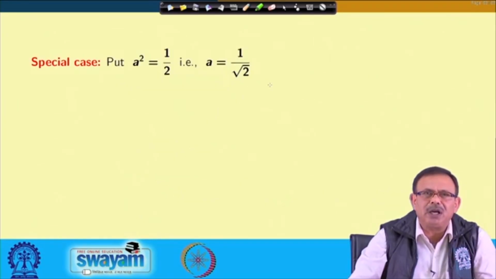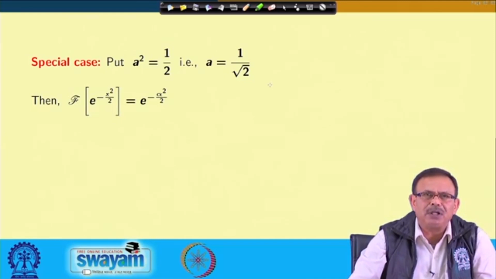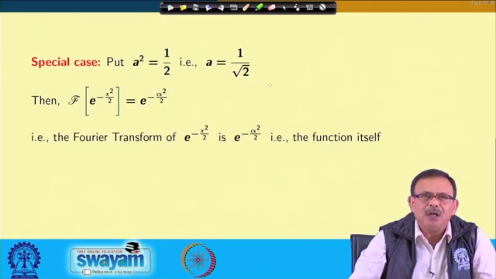Now, as a special case, if I substitute a² equals half, or a equals 1 by root 2, then the Fourier transform of e^(-x²/2) will be equal to e^(-α²/2). That is, the Fourier transform of the function is itself.